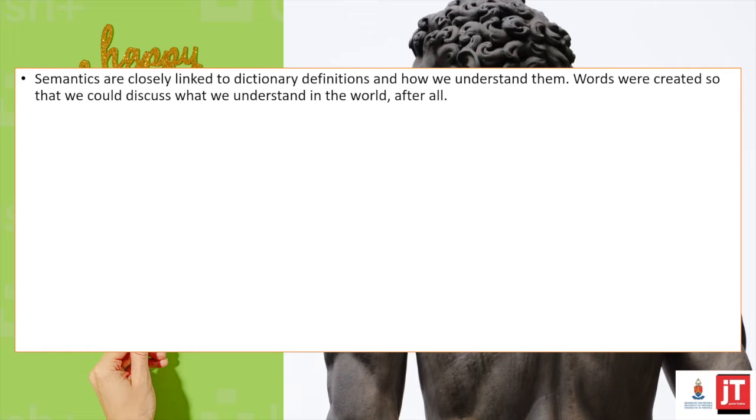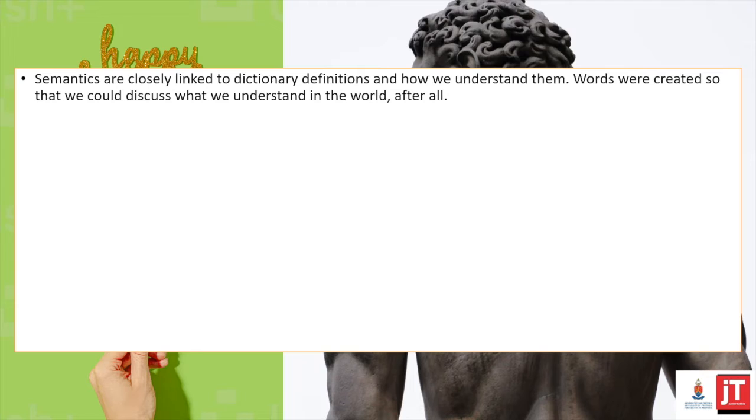Because semantics are closely linked to dictionary definitions. Think about it. If semantics are the interpretation of words, okay, why was the dictionary invented? People needed to communicate with one another in an effective way. It's frustrating if people don't understand what you're trying to say. Okay? We want to understand each other.